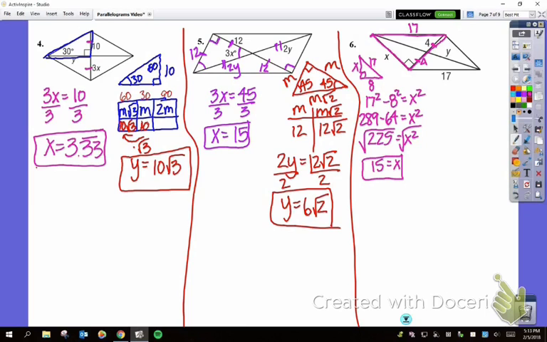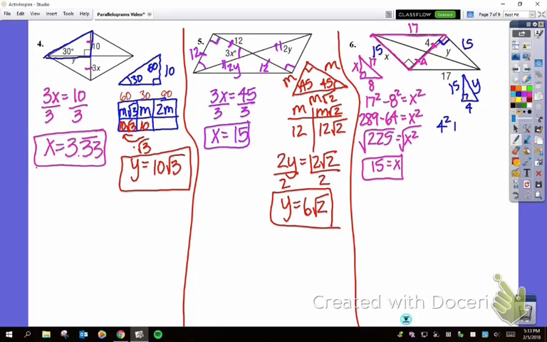Now, to find y, that's a little bit different, because if this is 15, then you know that this is 15. And if that is 90, then you know that this angle is 90. So here in this triangle, what we have is 90, 4 on the bottom, 15 on the vertical leg, and y on our hypotenuse. So we're going to do the Pythagorean theorem one more time.